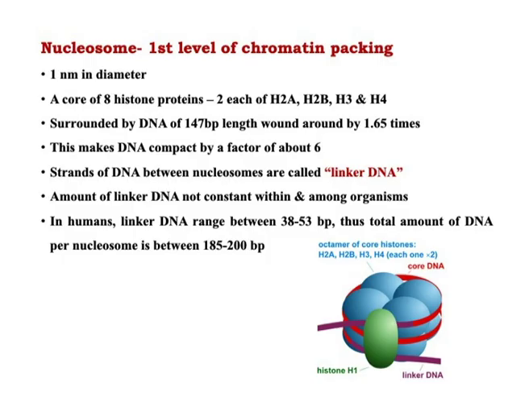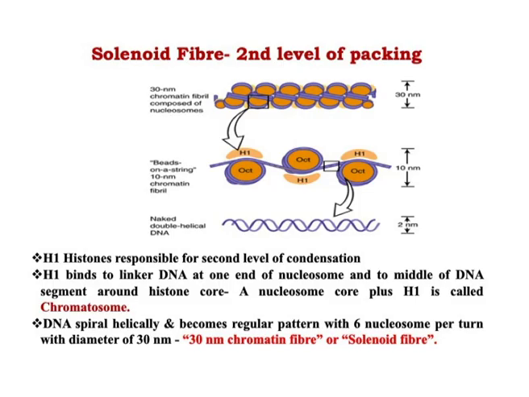These are bound, and the H1 histone protein, in green color, is interconnecting between the two beads. All of that structure is the chromosome packing, which is again highly condensed and spirally coiled, and you see the 30 nanometer diameter chromatid, that means the nucleosome, is called a solenoid fiber, the solenoid model. The tightly coiled nucleosome is called a solenoid.